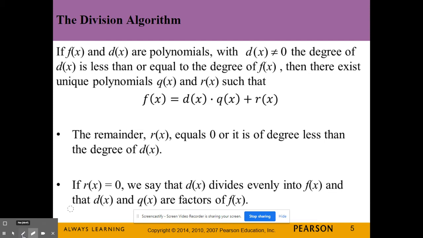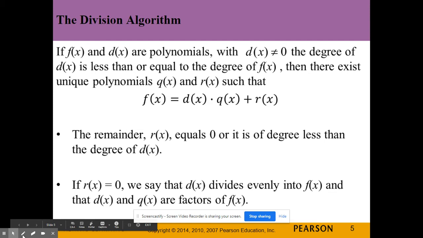Then there exist unique polynomials q of x and r of x such that f of x is going to be equal to whatever you're originally dividing by multiplied by whatever the quotient is, plus whatever the remainder is. So essentially there's just an algorithm that's talking about what we just did.